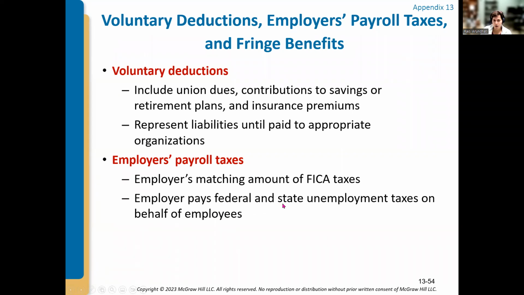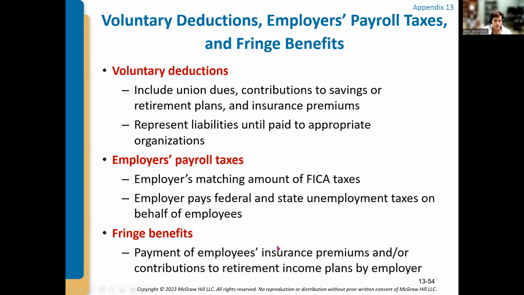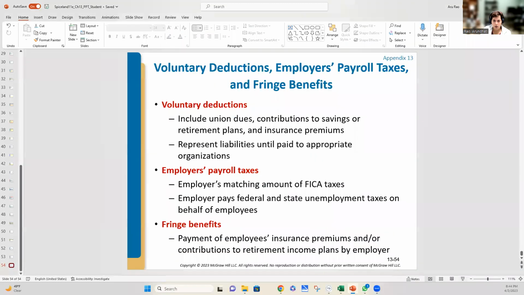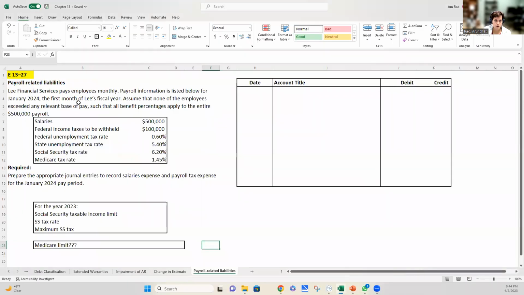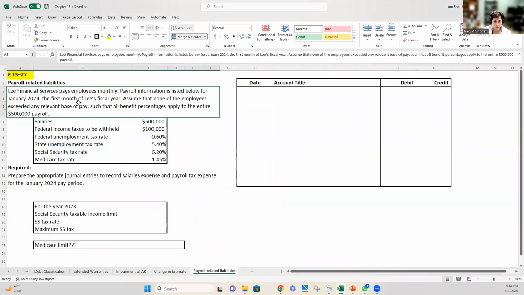The state unemployment rate at which you, the employer, are taxed varies by the state you're in, and the state changes that time and again. And we'll see what those numbers are. And there could be some fringe benefits as well that could be paid. Now, with that, let's get back to an exercise and see how we can understand all of this and how we will work through the numbers.